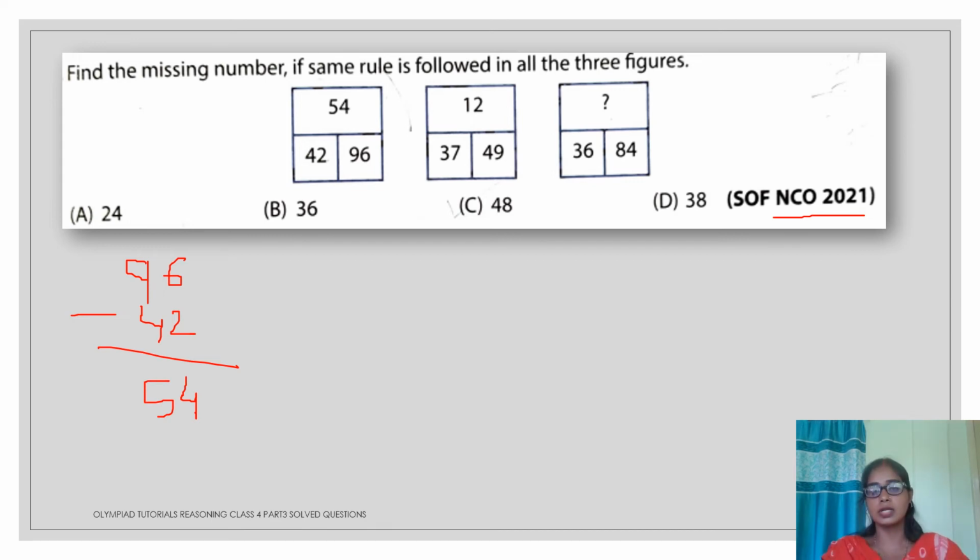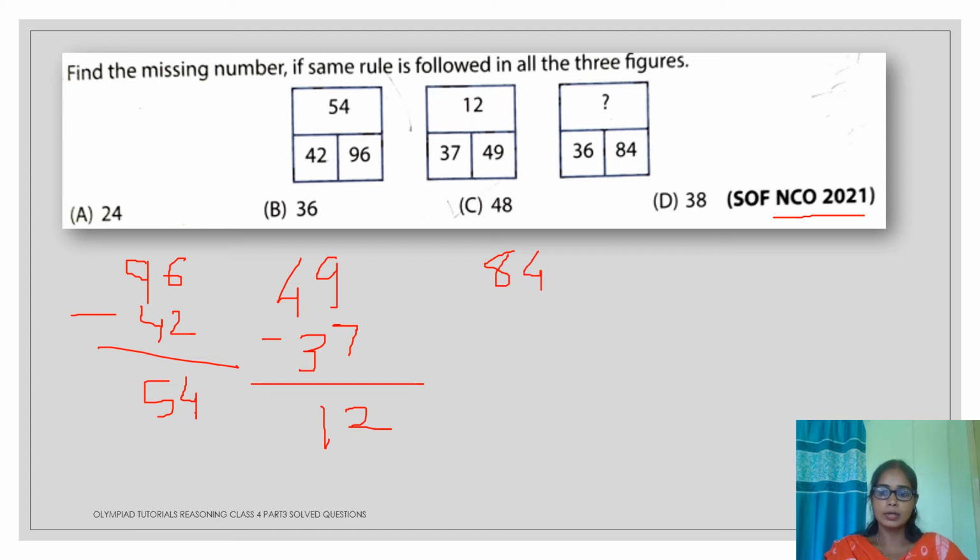So we got the relation that for the numbers in the second row, you have to just subtract them. 49 minus 37 will give you 12. Then similarly for the last one, you have 84 minus 36. This is going to give you your answer, that is 48. So your answer will be 48.